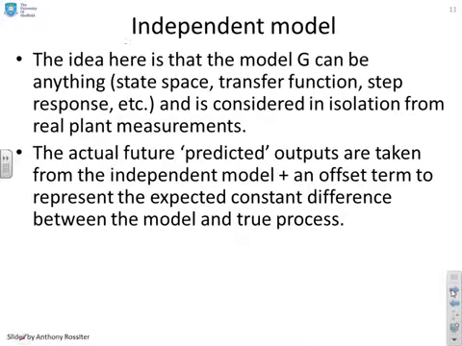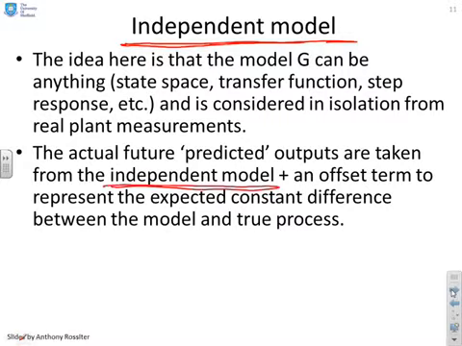Independent models. Now these are not used quite so much anymore, but again you will find that sometimes they're a useful concept. The idea here is that the model G that you're going to use can be anything. It could be state space or transfer function or step response. It doesn't really matter. And you consider it in isolation from real plant measurements. And the actual future predicted outputs are taken solely by looking at the independent model.